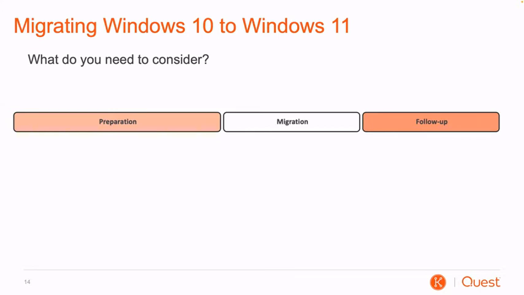Basically, the in-place update to Windows 11 is nothing else but a feature update. Nevertheless, it is a bigger step than just installing a Windows 10 feature update, so there are some things we should consider before we actually migrate those machines to Windows 11.